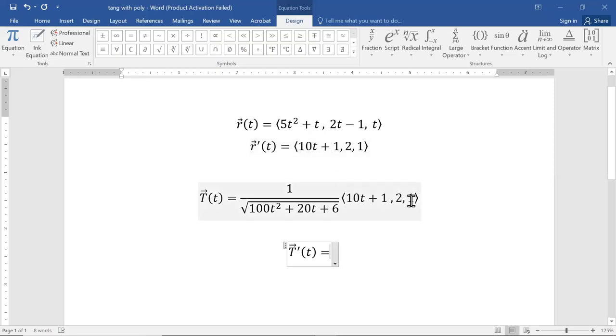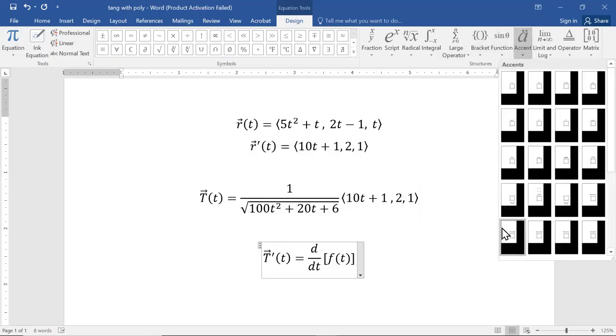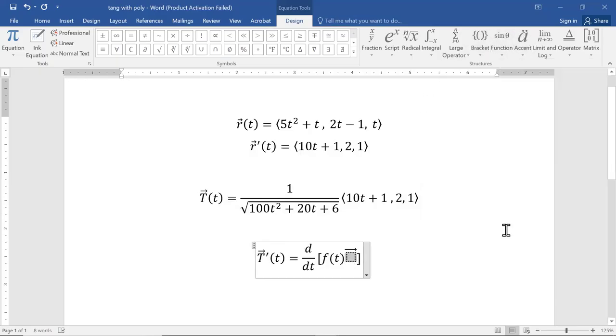So taking a derivative of the unit tangent vector is like taking a derivative of a real valued function, that's my 1 over magnitude, times a vector valued function. That's my r prime of t.